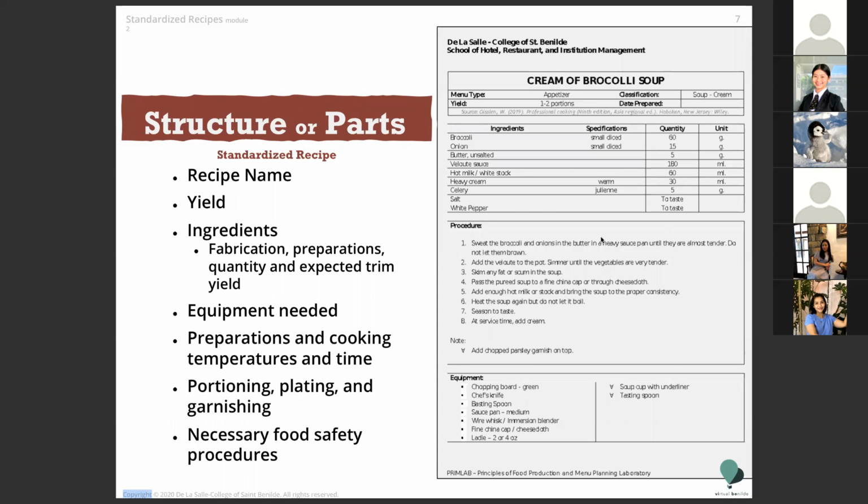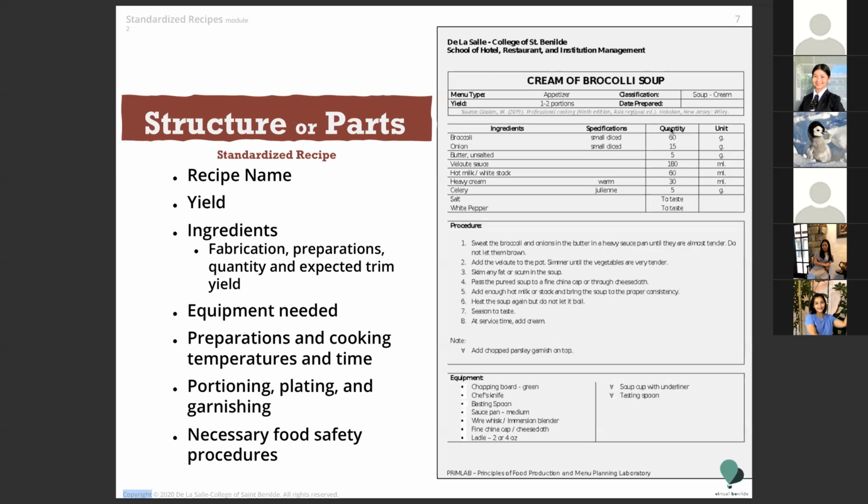Okay, the ingredients specify the fabrication, preparation, quantity, and expected yield. For example, the ingredient is broccoli and you need it small diced. That's the specification. It means that it has to be cut in small cubes. It also specifies how much.